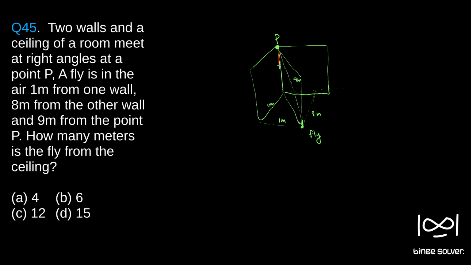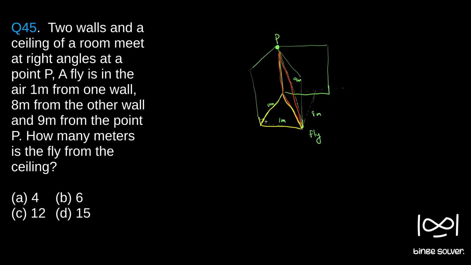This is a right angle triangle. We know 9 meter, and we don't know this distance. And again, sorry, this is again a right angle triangle.